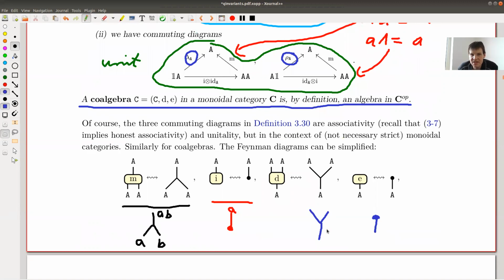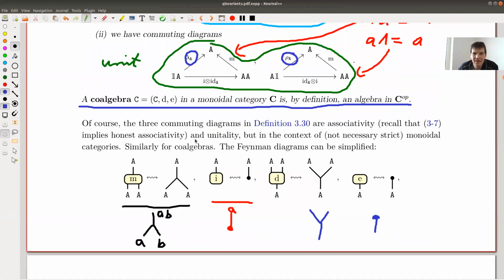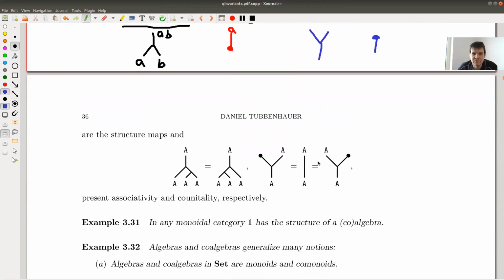So the co-multiplication is a split, and the co-unit is a dot morphism. And this is again, of course, in the strict setup, because whenever I draw diagrams, it's strict. But it doesn't matter so much, as we have seen last time. And associativity is just this relation, and unitality is just this relation. So this is associativity, and this is unit.